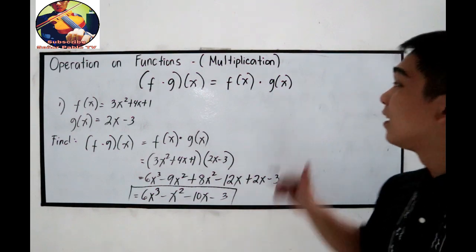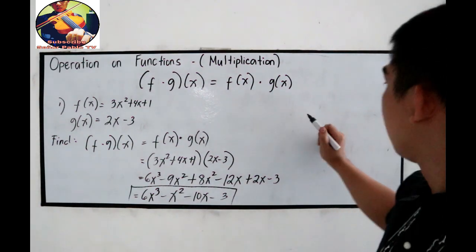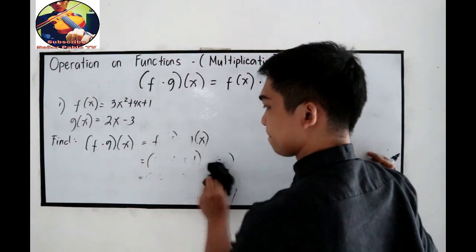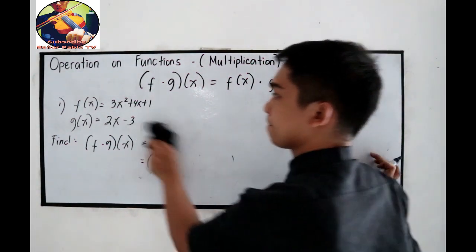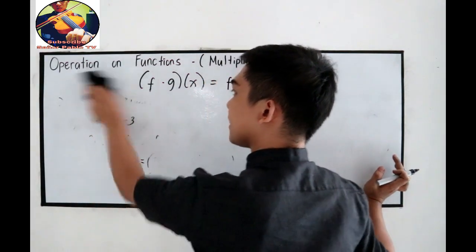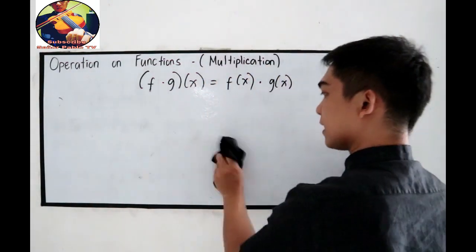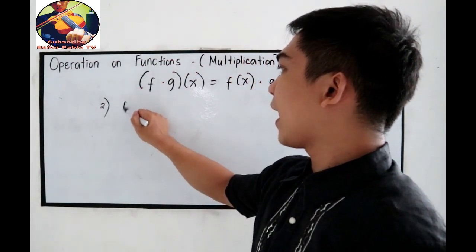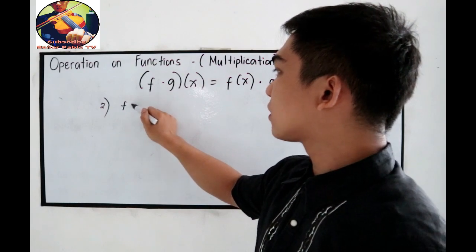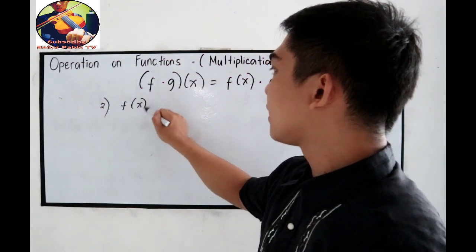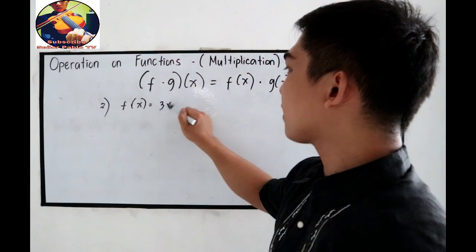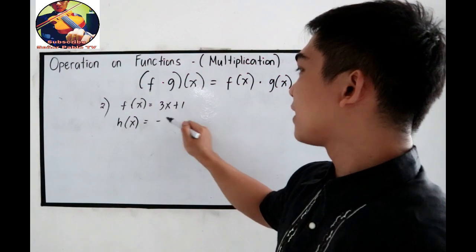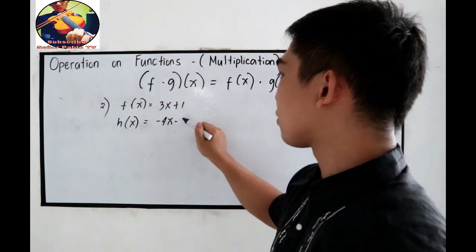Isa pa. Let's say, meron tayong number 2, f of x is equal to 3x plus 1. H of x is equal to negative 4x minus 3.